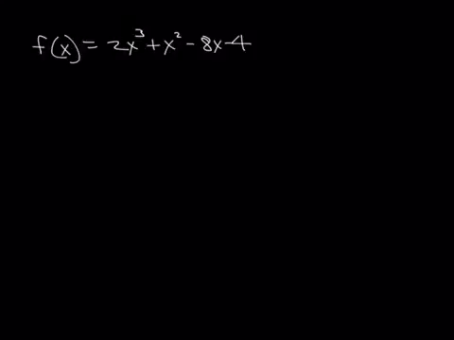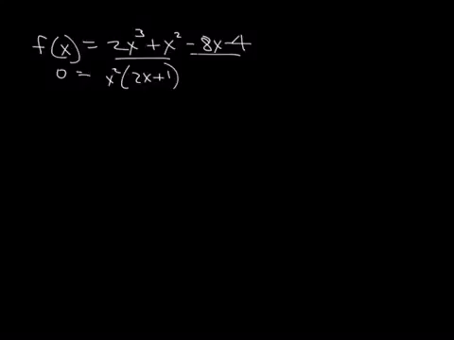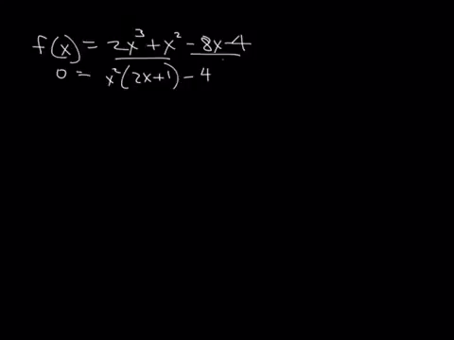And let's go ahead and find the zeros. So to find the zeros, remember we put 0 in here. We're going to group here. We're going to factor out an x squared, leaving me a 2x plus 1. And then here we're going to factor out a 4, so that's going to give me a 2x plus 1.